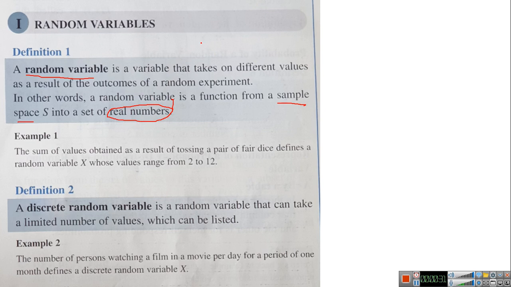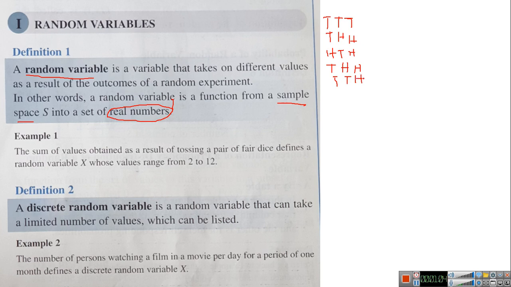Suppose, for example, you have a coin and you want to flip it 3 times. You're going to get tail, tail, tail, or tail and 2 heads, or head, tail, head, or tail, head, head, or 2 tails and a head.